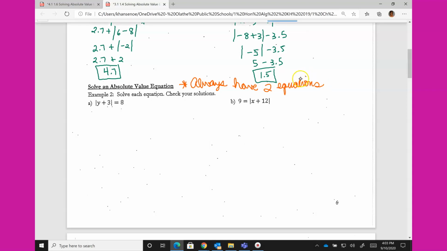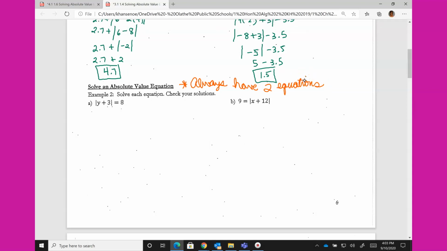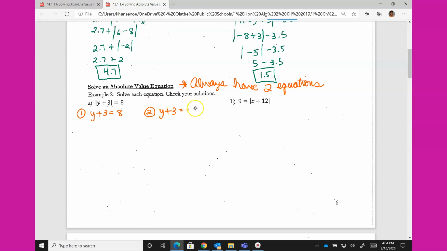So let's look at this. The absolute value is by itself. The first thing you're going to look for is whether the absolute value is by itself. It is. So then I'm going to make my 2 equations. My first one, y plus 3 equals 8. My second one, y plus 3 equals a negative 8.